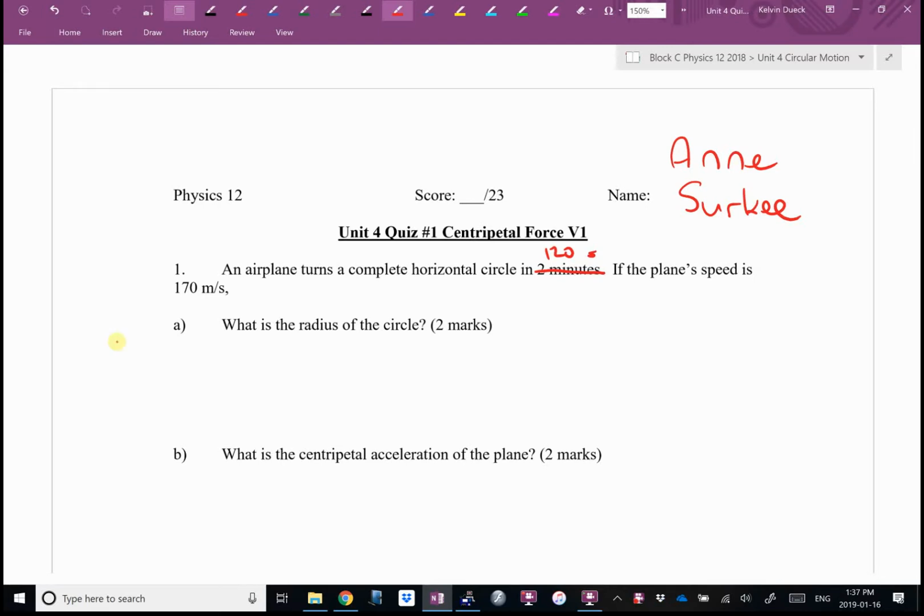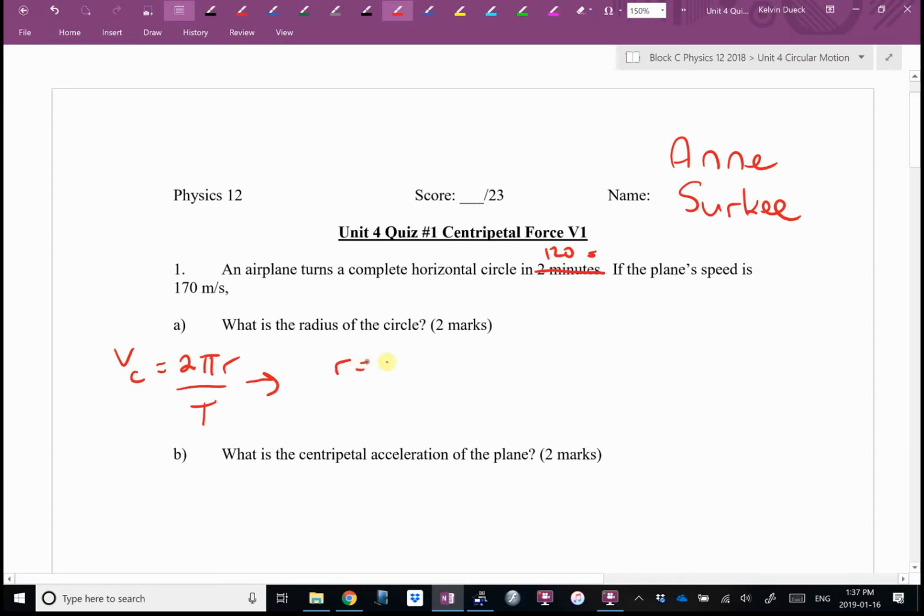They want the radius. I think I'm going to use that centripetal speed is 2 pi r over the period. To get the r by itself, it's going to be v times t over 2 pi.